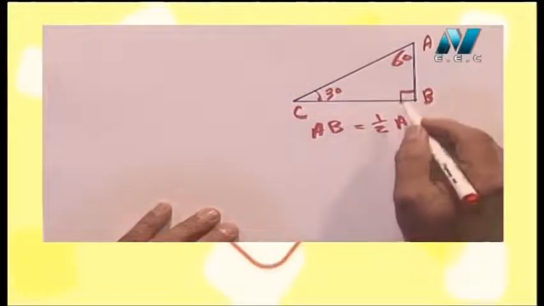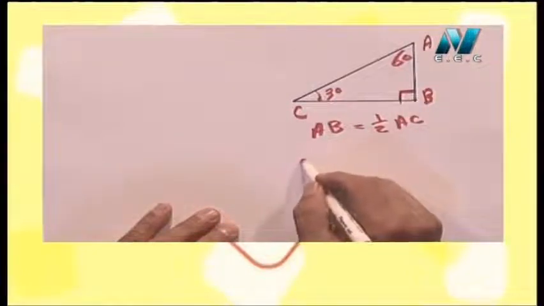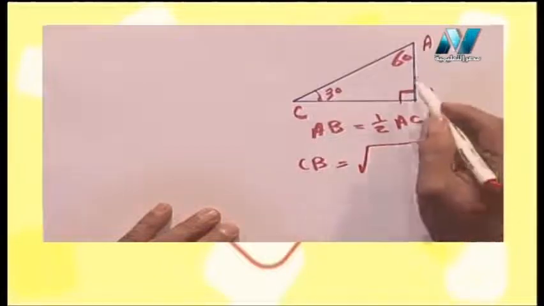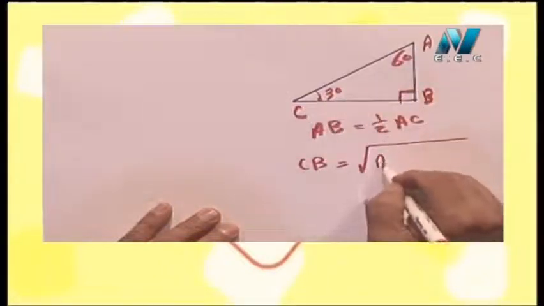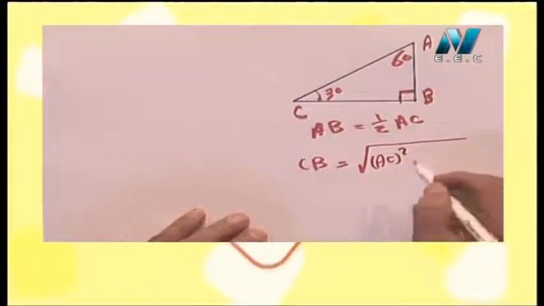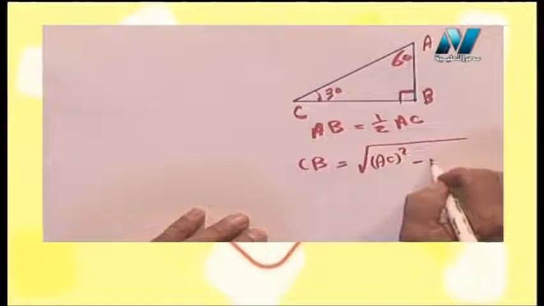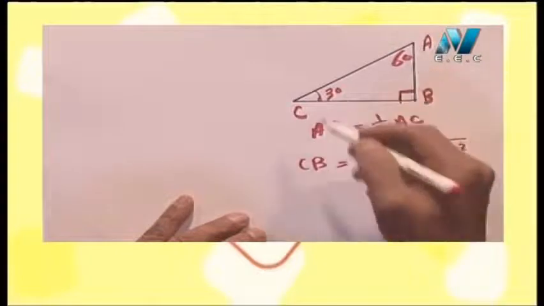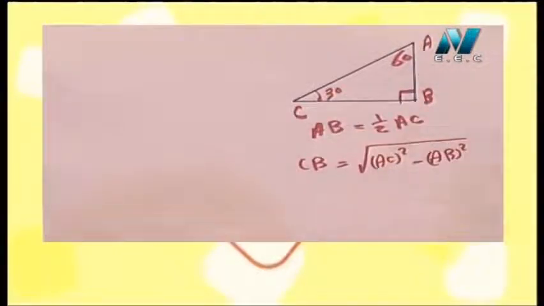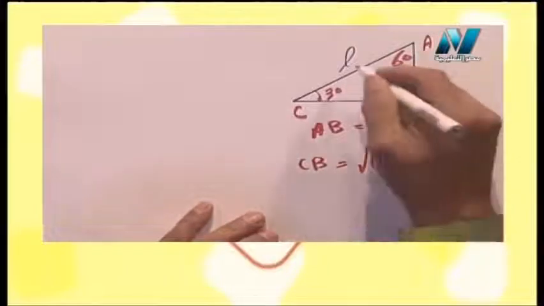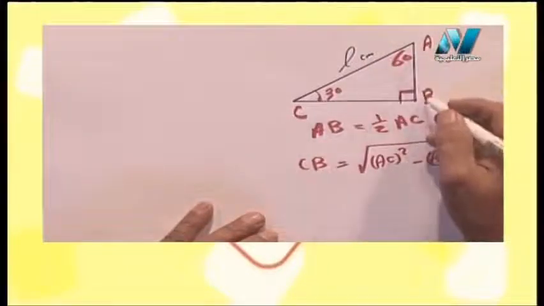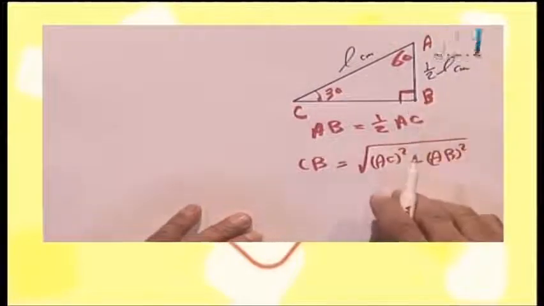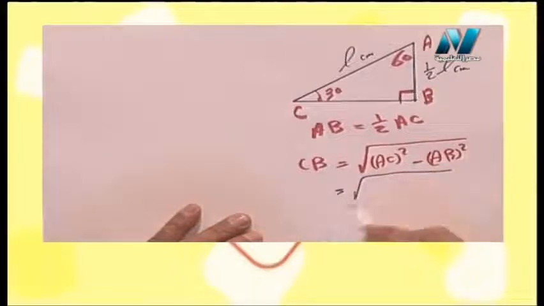To find CB from Pythagoras theorem, we will calculate the square root of AC power 2 minus AB power 2. If we suppose that AC equals L centimeters, and AB of course will be half L centimeters, we will apply that root.